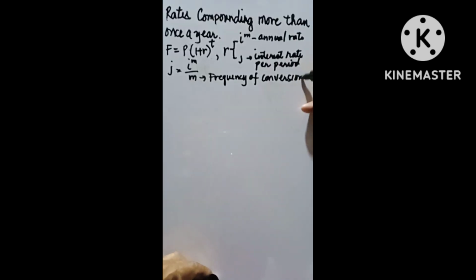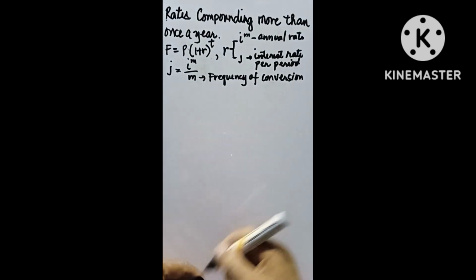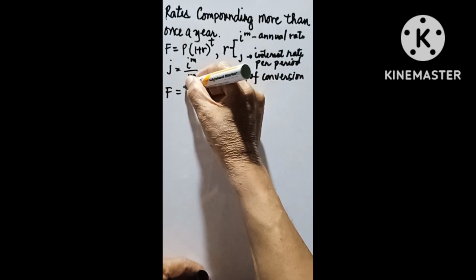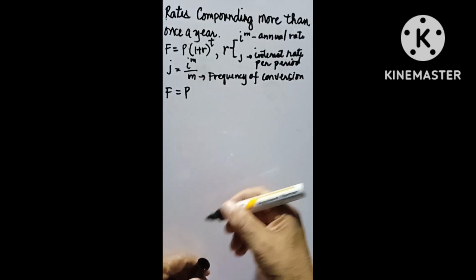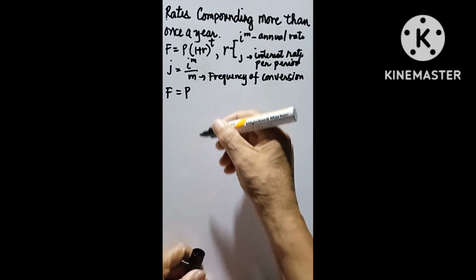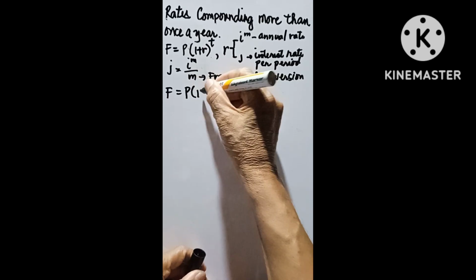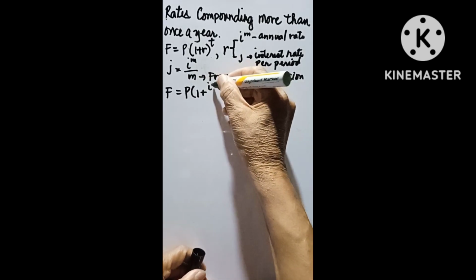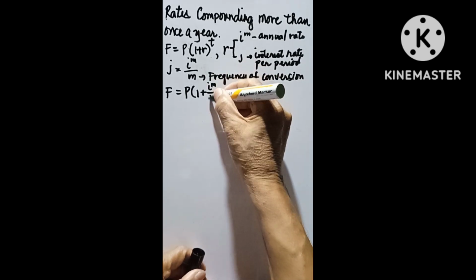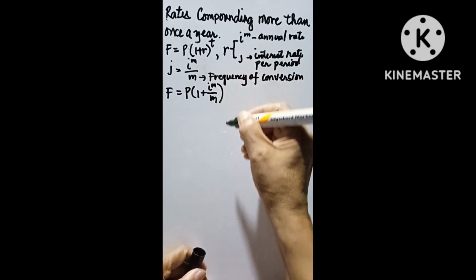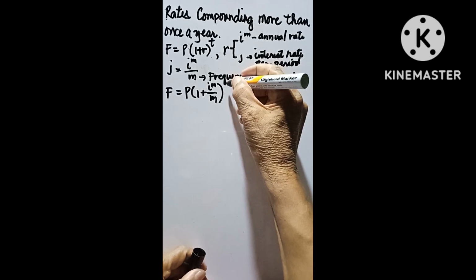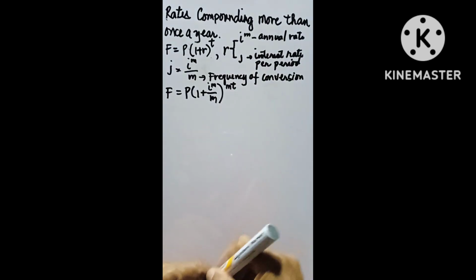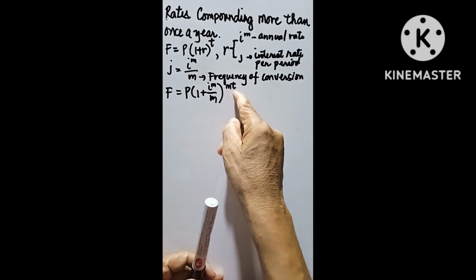So that the final formula for the rates of interest compounding more than once in a year is 1 plus I raised to M over M, close parenthesis, raised to M times T. So how many years it will be?